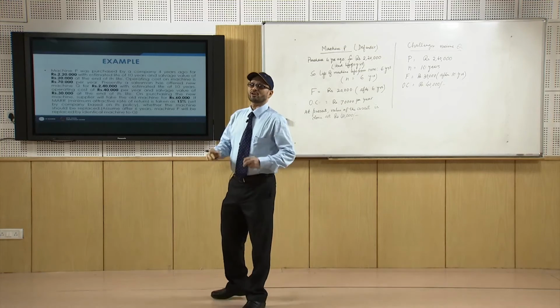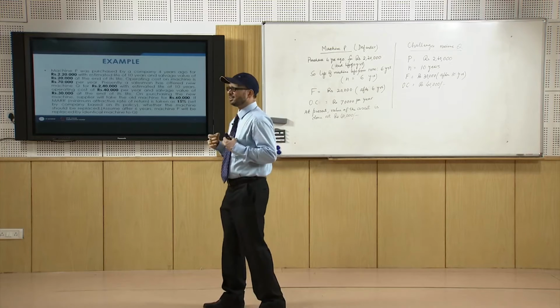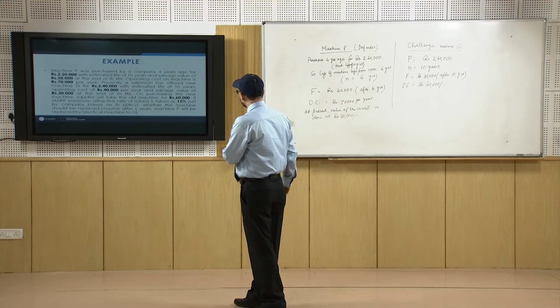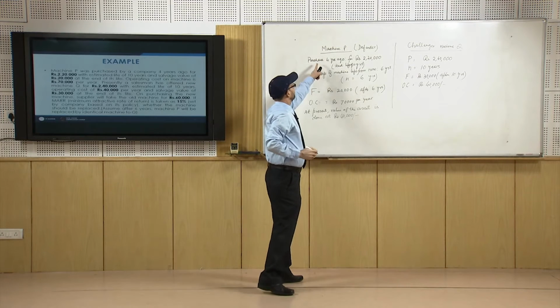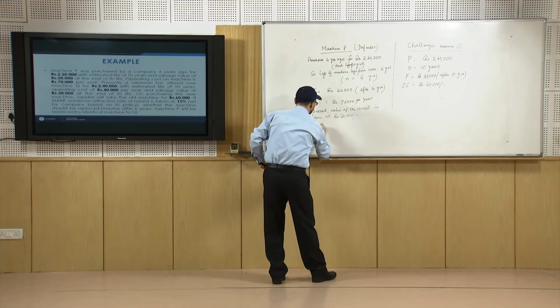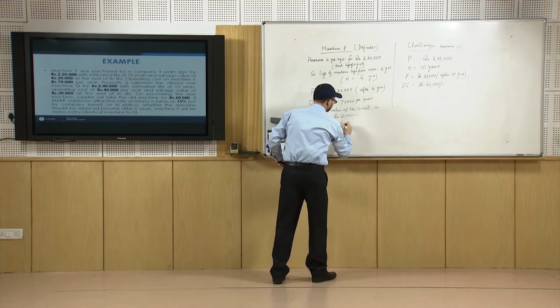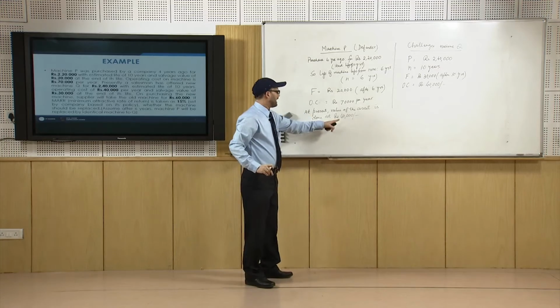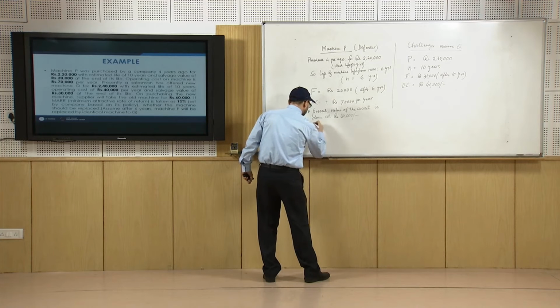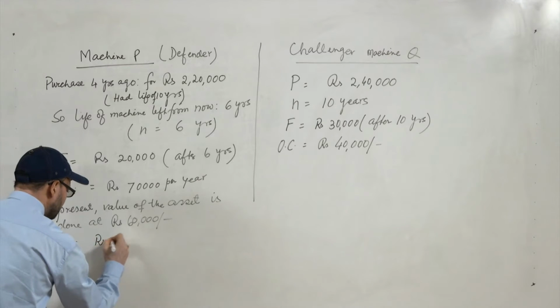It means that for the replacement analysis of the Defender, the valuation is done by the supplier who is supplying the new machine, and he is telling that the worth of this old machine is rupees 60,000. That is why P for this machine will be taken as rupees 60,000.